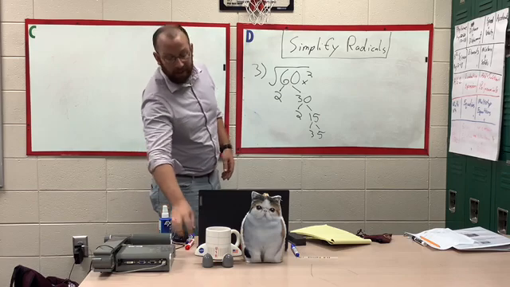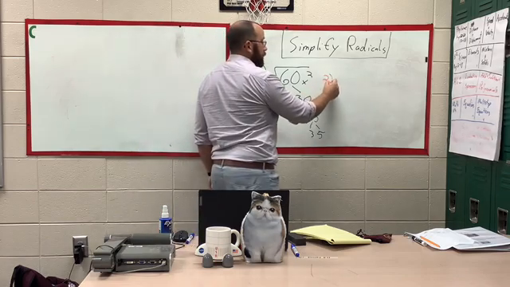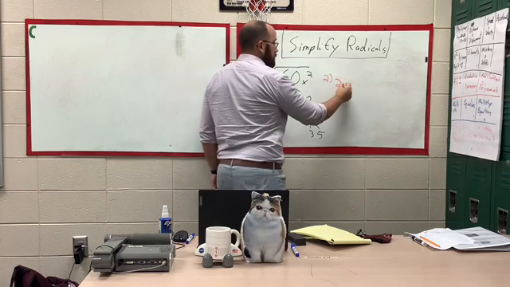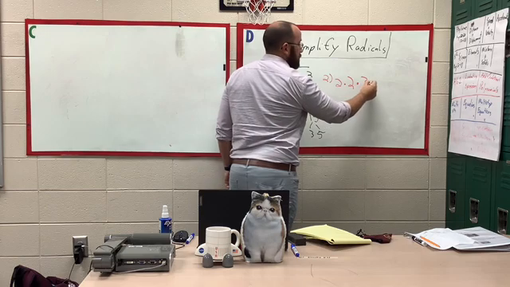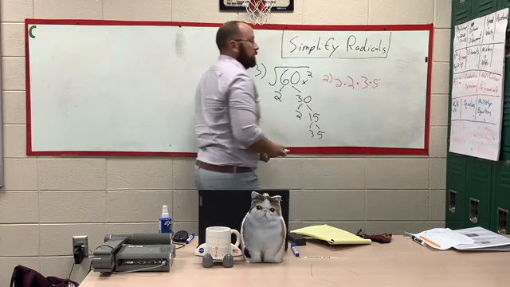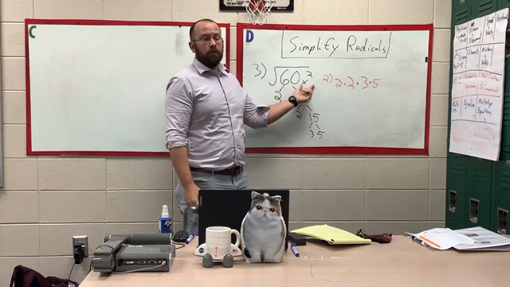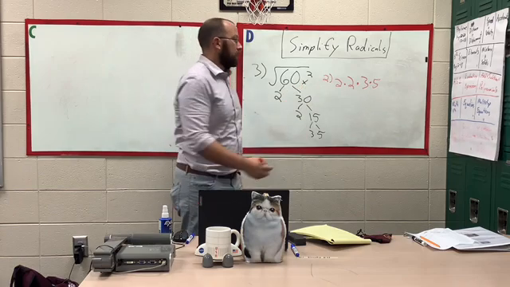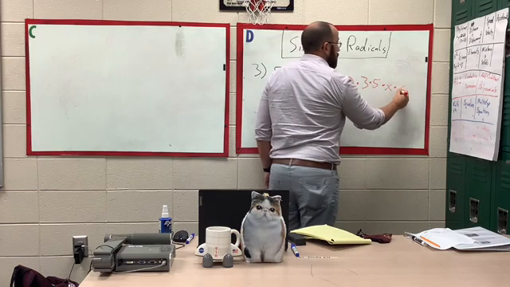So we move on to our second step, which is just write it out. So 2 times 2 times 3 times 5. Now here is the change that you have to deal with when you have a variable underneath the radical. All you have to do now is write those out.